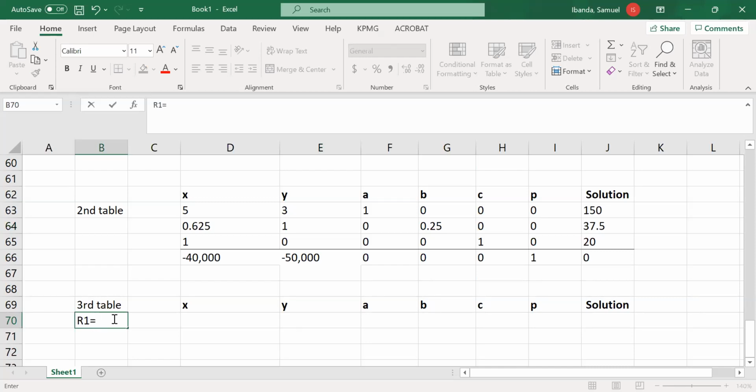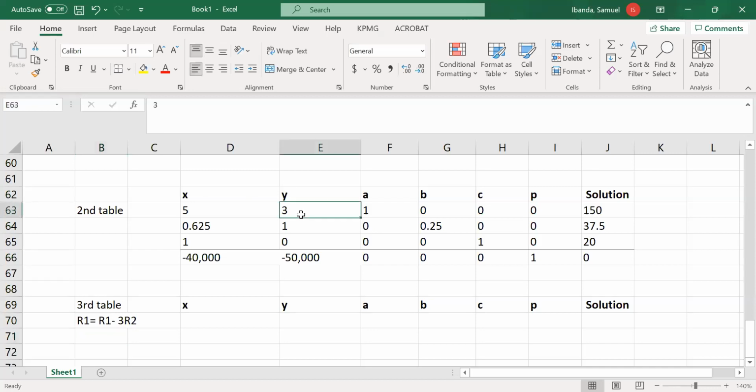So since I already have 3 there, for me to determine my new row, it will basically be row 1, which is the 3, minus 3 row 2.